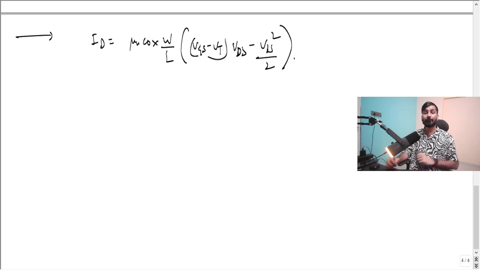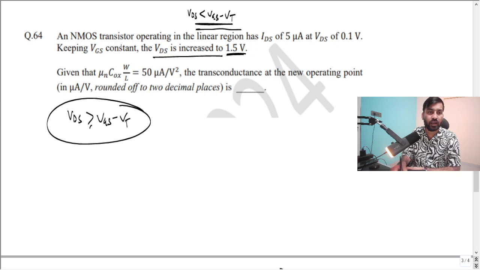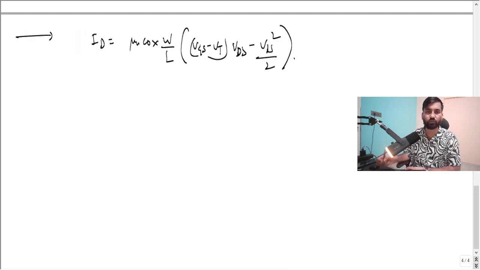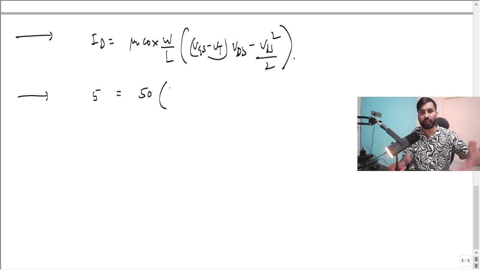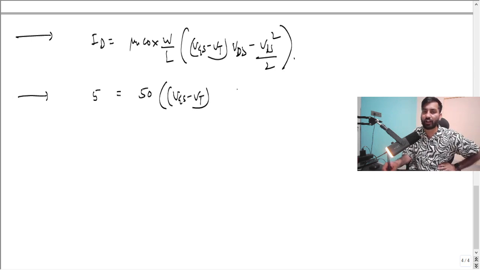But the challenge comes when we plug in values. ID is given as 5 micro and mu Cox W by L is given as 50 micro. Since both have micro, it gets cancelled. You don't know VGS minus VT, so you have to find it.